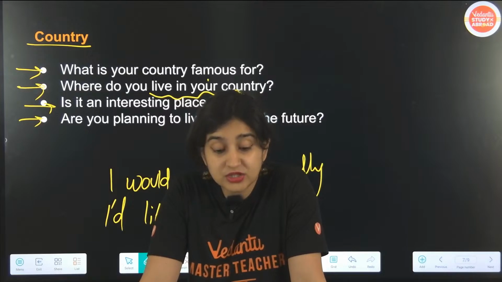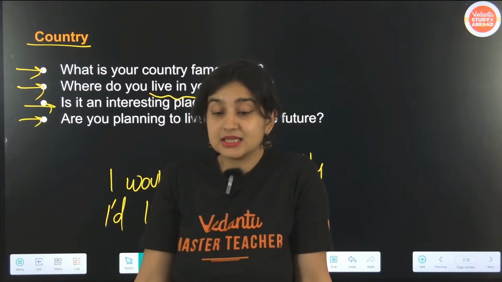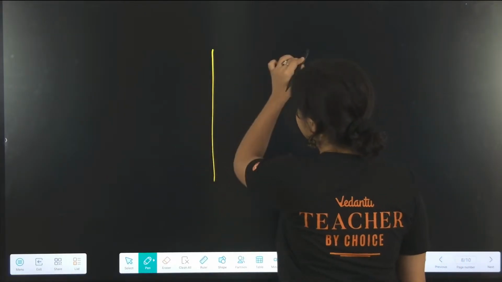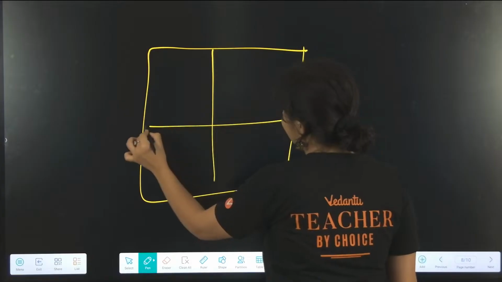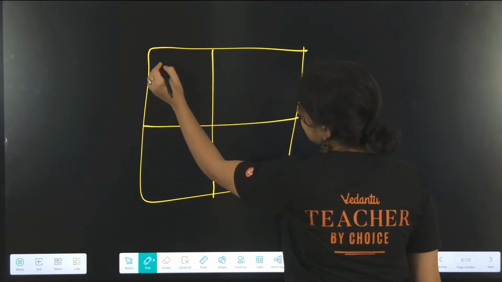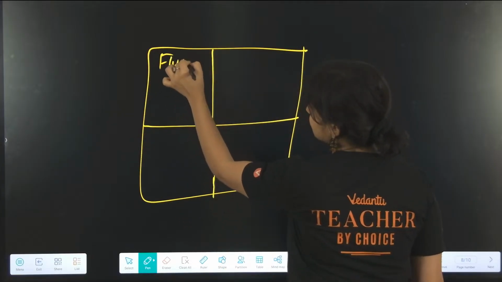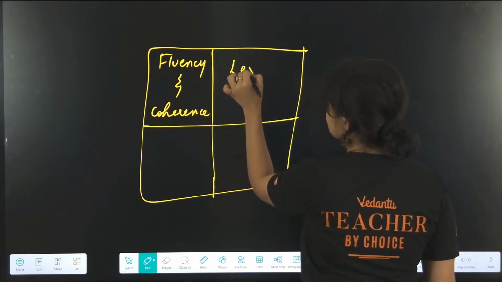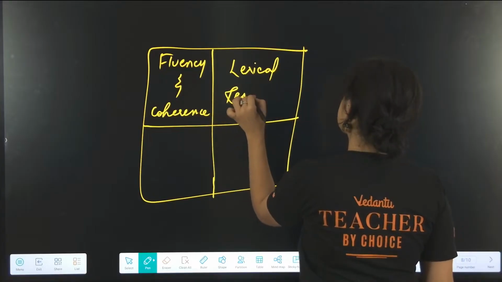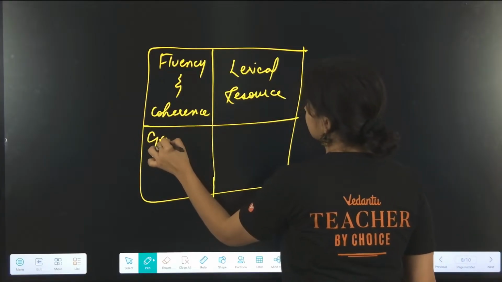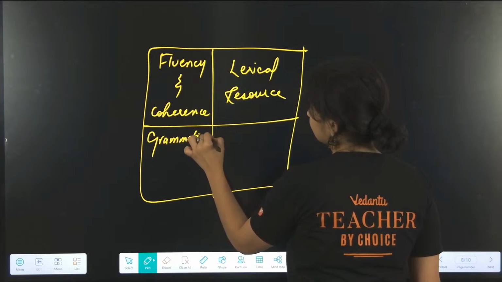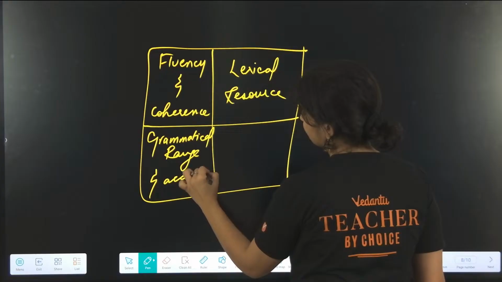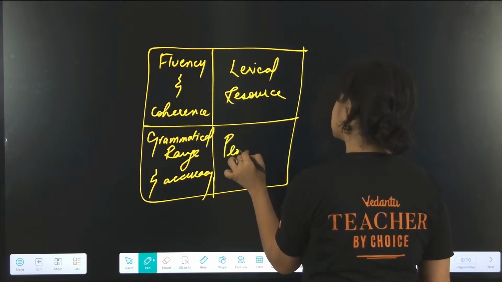Prashant, fluency does matter. Fluency is one of the 4 main criteria of assessment. So the 4 things that are being assessed in your speaking test: number 1 is fluency and coherence. Then you have lexical resource, grammatical range and accuracy, and then pronunciation, okay?